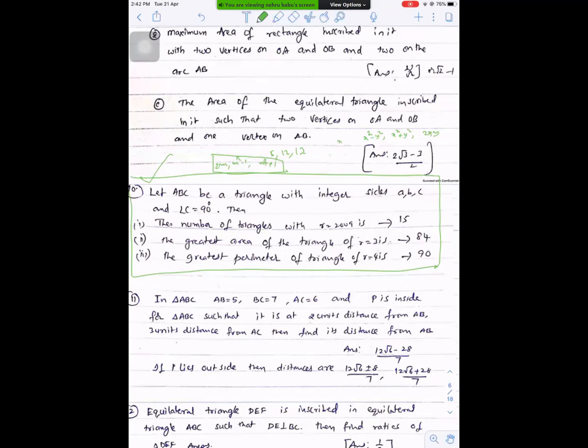Sir, can you give one contradictory example? No, this is fine. I believe this will give all integers. No, I'm saying there might be even more solutions for x and y where both are not integers, but x square minus y square, x square plus y square, and 2xy are integers. Is that really possible?